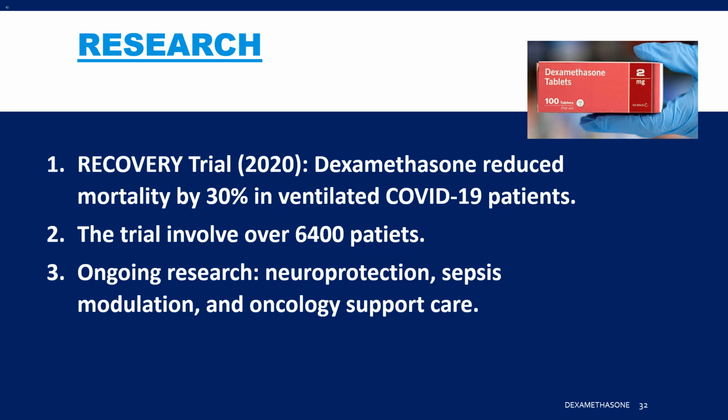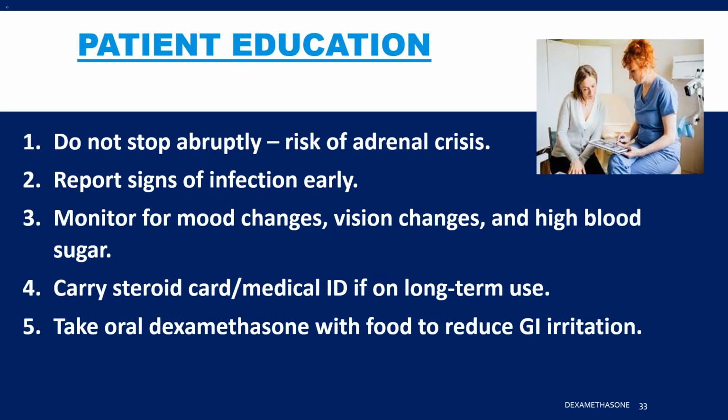Examining dexamethasone's effectiveness in managing sepsis, a life-threatening condition that occurs when the body's response to infection causes widespread inflammation. 3. Oncology supportive care. Studying dexamethasone's potential benefits in reducing chemotherapy-induced side effects, such as nausea and vomiting, and improving the quality of life for cancer patients.